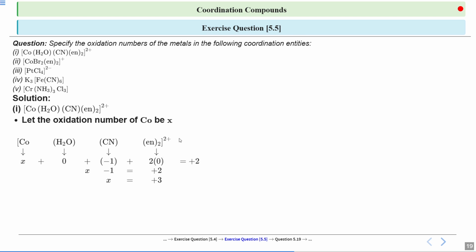This equals +2, which is the overall charge on the entity. Solving for X: X minus 1 equals +2, so X will be +3. So cobalt has oxidation number +3.